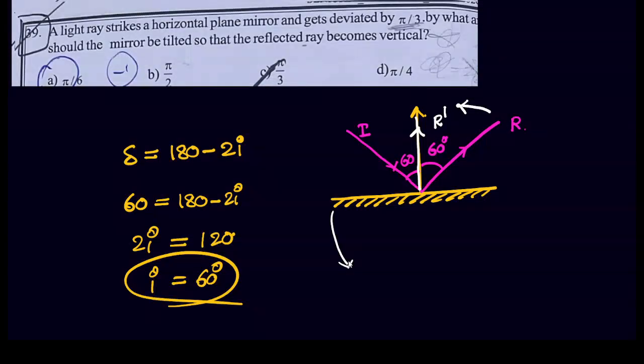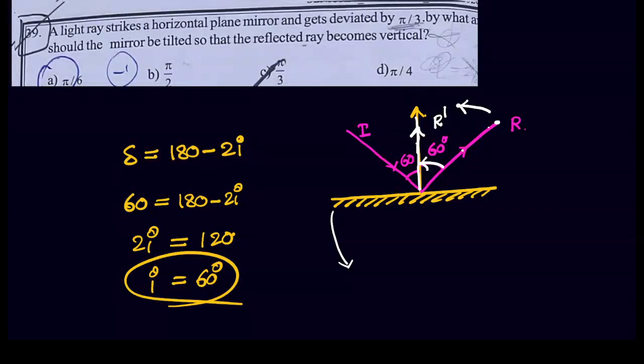As we have seen, if the mirror is rotated by some angle theta, the reflected ray rotates by 2 theta. Here, this is the initial position, and the reflected ray has to come here to become vertical, so it has to rotate by this much angle.